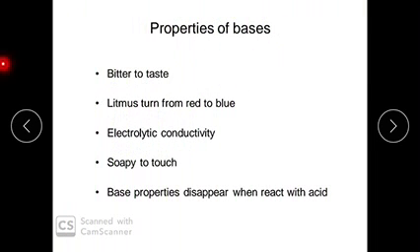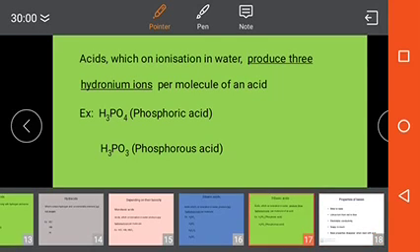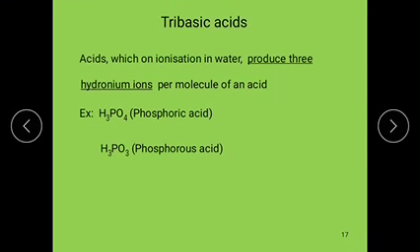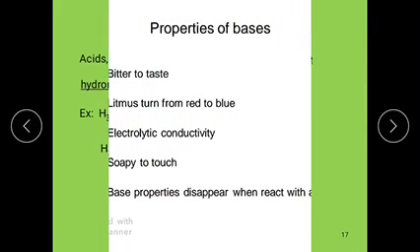These have three H plus ions in their chemical formula. On ionization they produce three H plus ions. Then phosphorus acid and phosphoric acid are the tribasic acids.